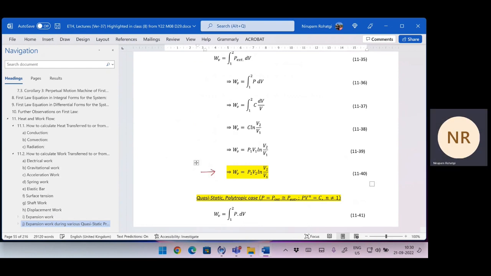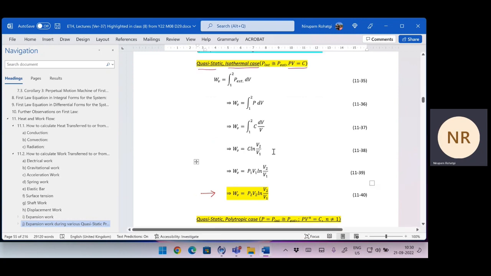This you can derive yourself. I am not deriving it. I start with P external dV, that is the standard work done by the system on the surroundings. Then I convert P external to P because it is quasi-static. Then I put the equation that PV is equal to constant and solve it. You should be able to do it.